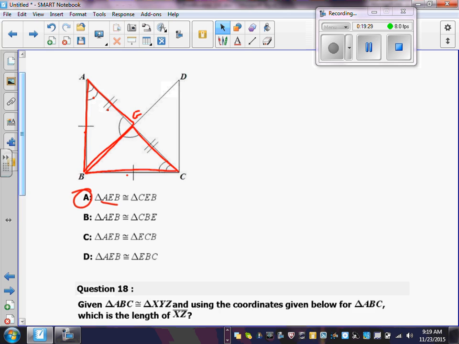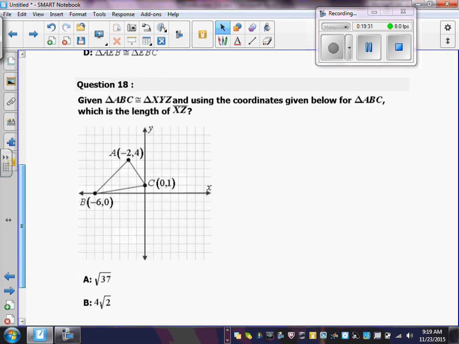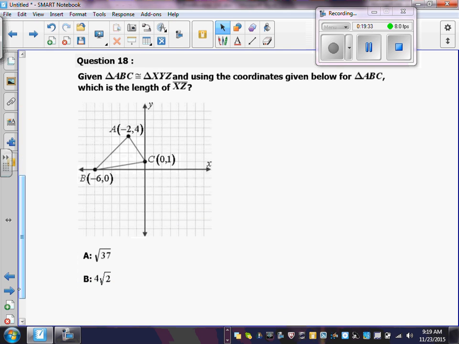All right, this question, I'm not going to do it because it takes time. It says given ABC and XYZ and using the coordinates below, which is the length of XZ. One thing you need to know, XZ is going to be congruent to AC, right?